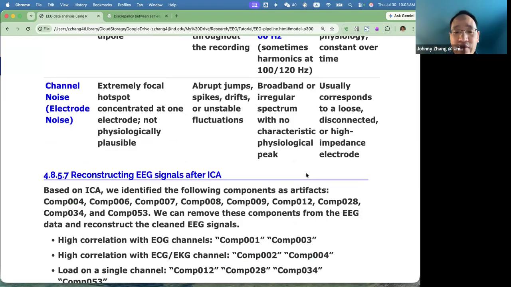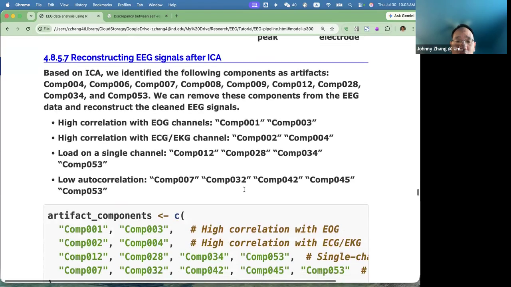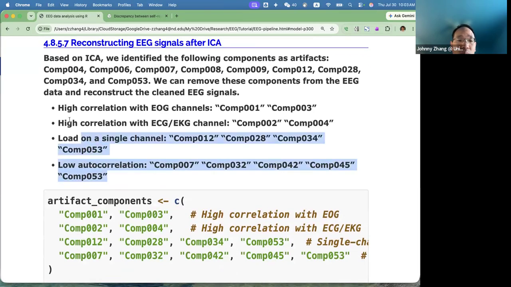So once we identify all those artifacts, we can reconstruct our EEG signals. In this case, those are all the possible artifacts we can identify using those different methods.